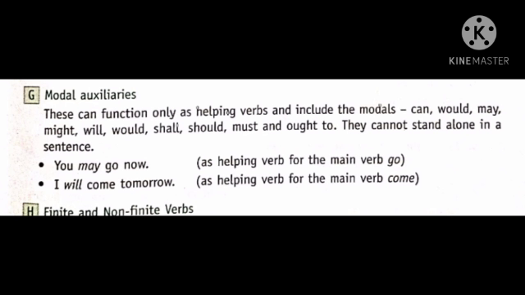For example, you may go now. Here may is used as helping verb for the main verb go. Let's see next example. I will come tomorrow. Here will is used as helping verb for the main verb come.